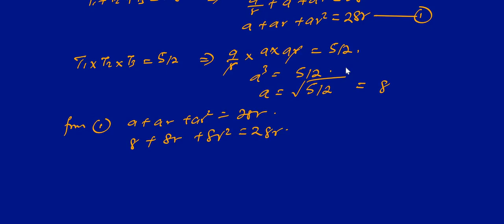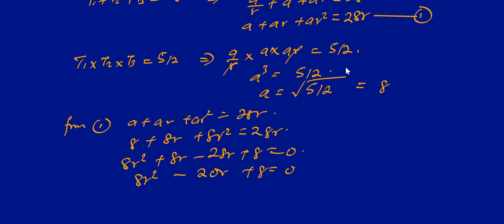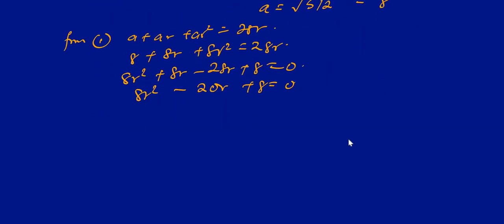If you arrange it in quadratic form, 8R squared plus 8R minus 28R plus 8 is equal to 0. So 8R squared minus 20R plus 8 is equal to 0. When divided through by 4, you're going to have 2R squared minus 5R plus 2 equal to 0.